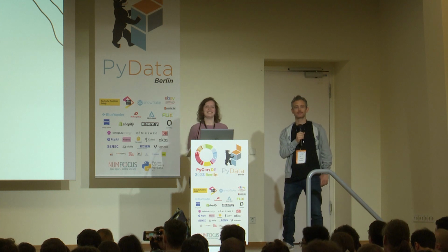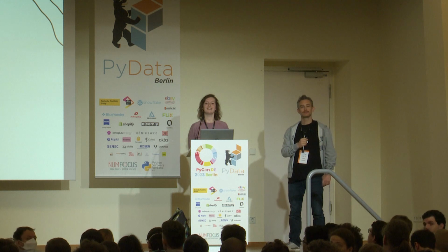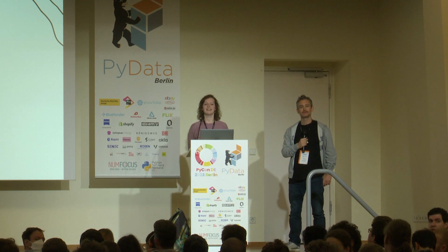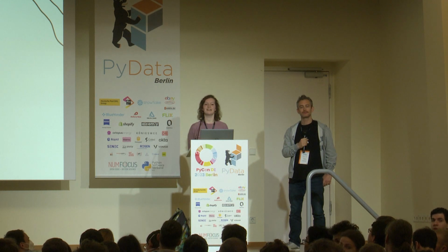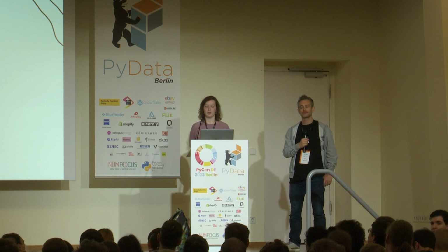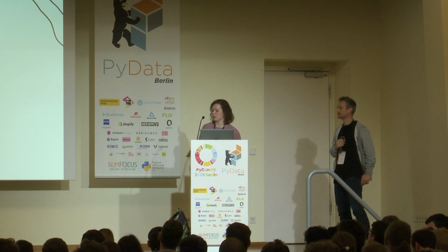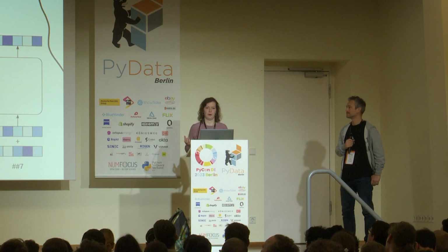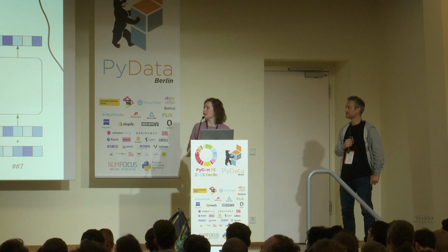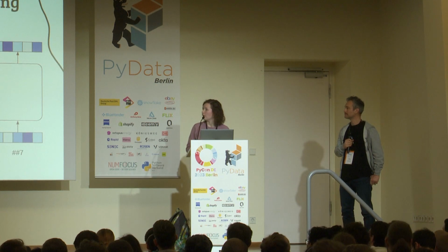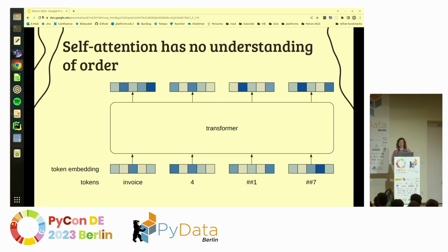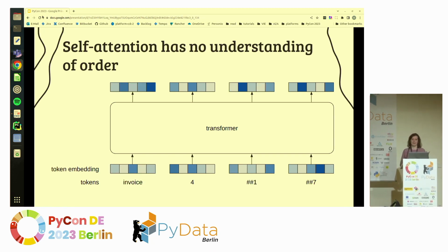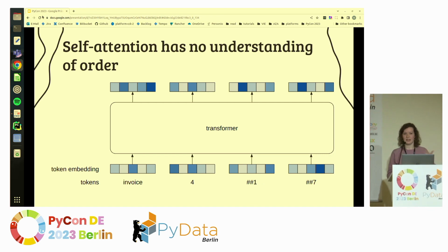So maybe I'm missing something, or we need to do something super simple there, but why do we need these absolute position embeddings at all? So we need some sort of position information, because otherwise it would just look like a bag of words to the model, right? This is what I tried to show here. If you don't insert position information anywhere, then the model wouldn't understand that the sequence has some sort of order.